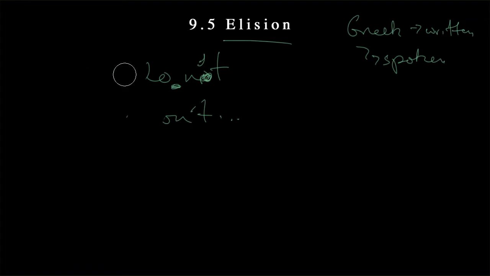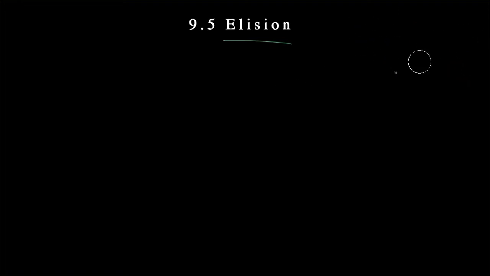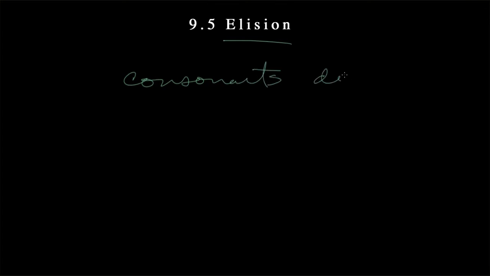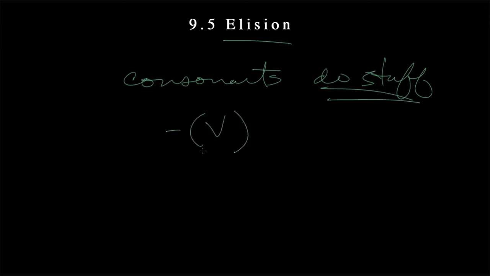And then if you ever see speech actually kind of documented and written out, sometimes you'll see the final vowels of words being dropped. This is because consonants actually do stuff, to say it eloquently. And they separate words. This is why we've had that new movable throughout.